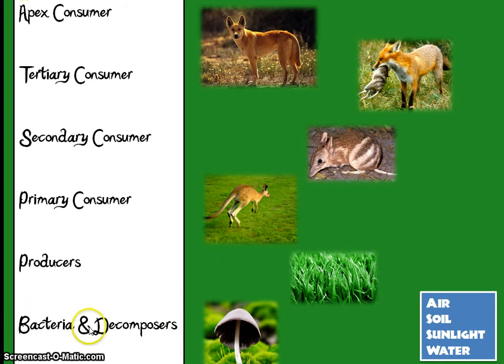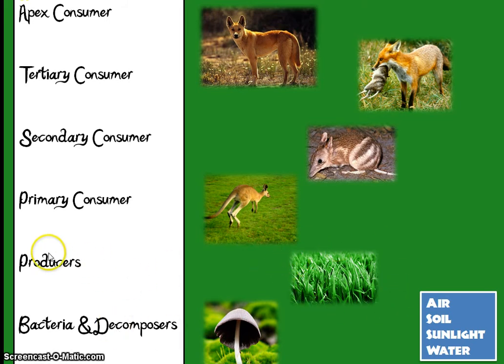And this is the one that I was saying isn't technically a level, but I wanted to put it in there anyway because decomposers are very important within ecosystems. So think back to the Lion King when they talk about the circle of life and how the antelope die, they get absorbed into the grass, and then the antelope eat the grass. So that's what our decomposers' role is.